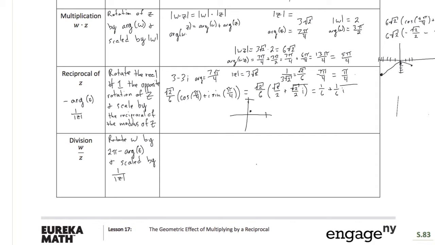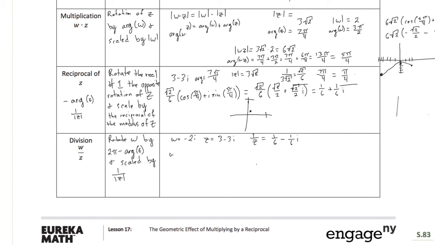So I have W being negative 2i, Z equals 3 minus 3i. 1 over Z equals 1 over 6 plus 1 over 6 i.